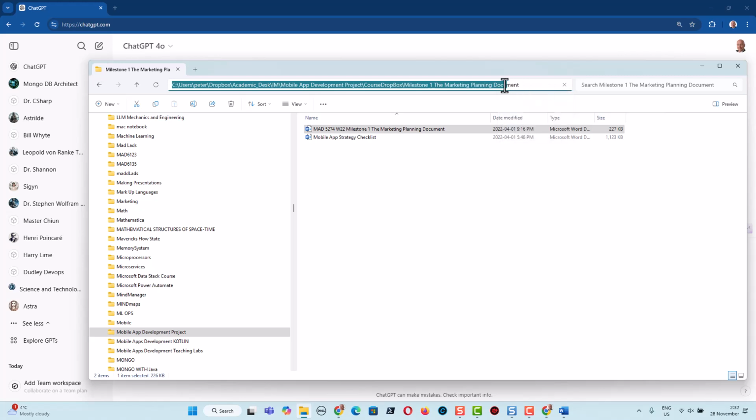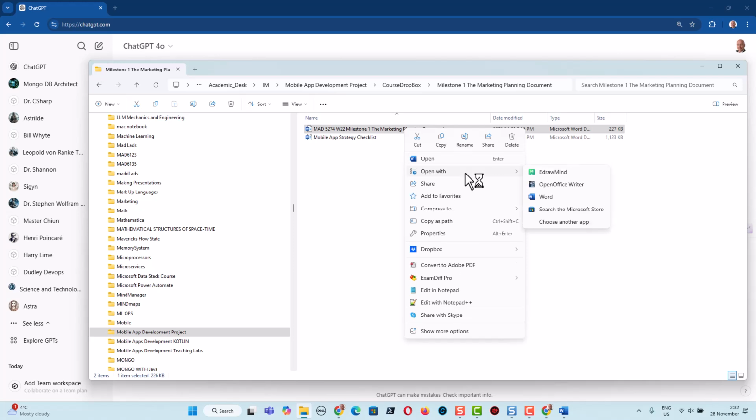There's something messed up with my Microsoft Word. It doesn't open things from here, but hopefully I can open it manually. Or I could just use Open Office Writer for right now.